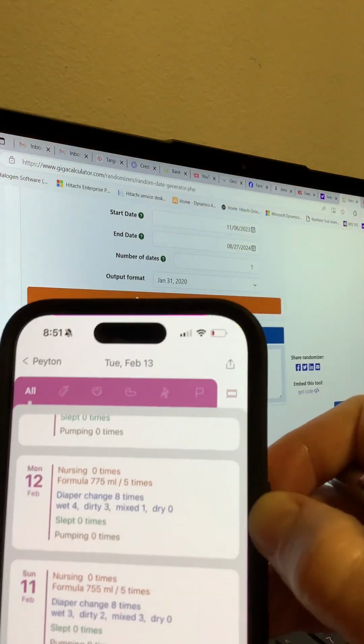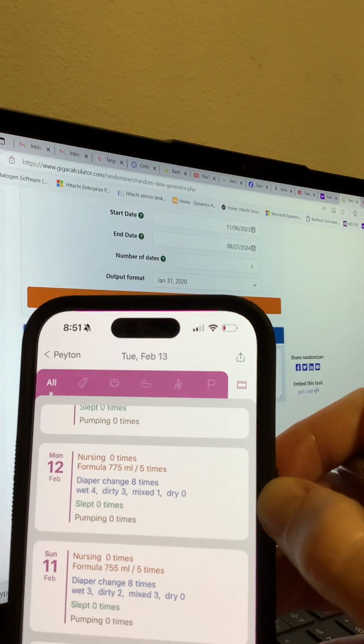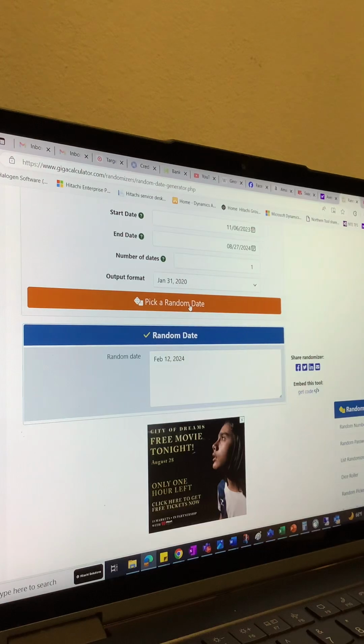Okay, Peyton had 775. So Jordan wins the tiebreaker. Jordan gets pick number 2.